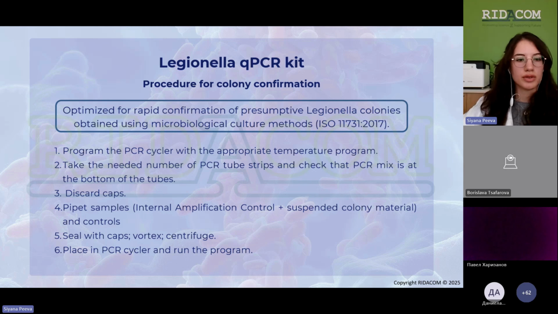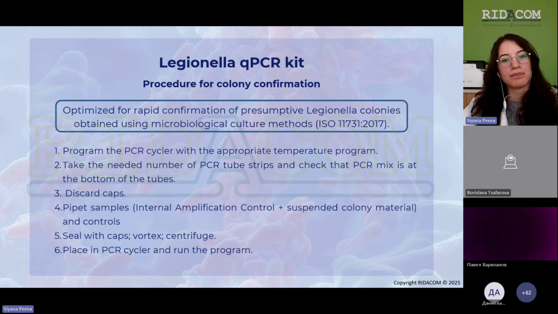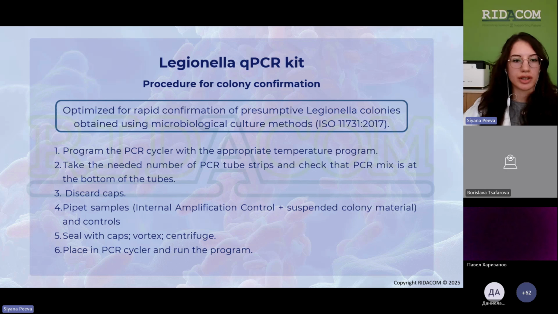So we have the positive and negative control, and for the samples, we have to take our colony material from the nutrient media and suspend it. And we have an internal amplification control, which we add to the sample. Then we seal the tubes with the caps, vortex again, centrifuge, and place them in the PCR cycler.